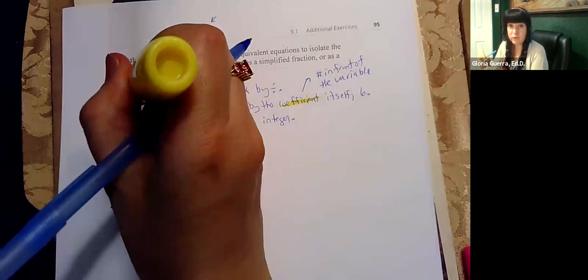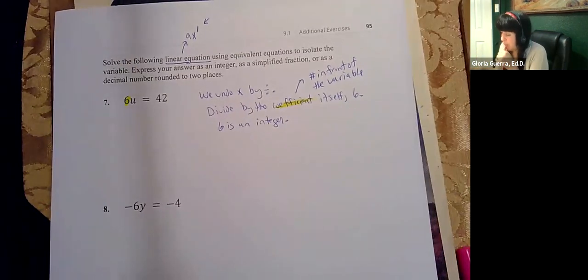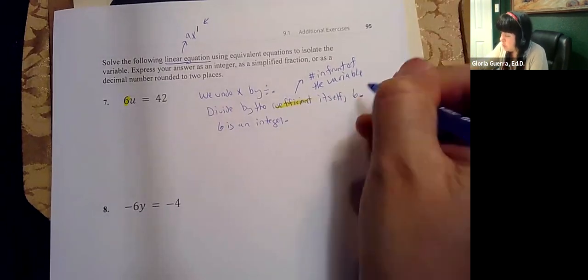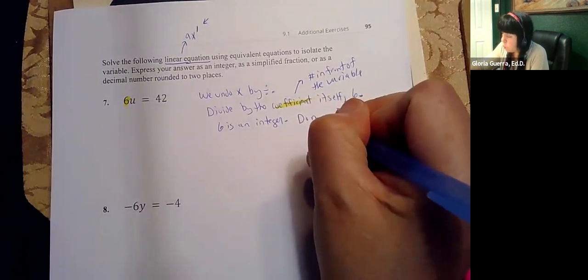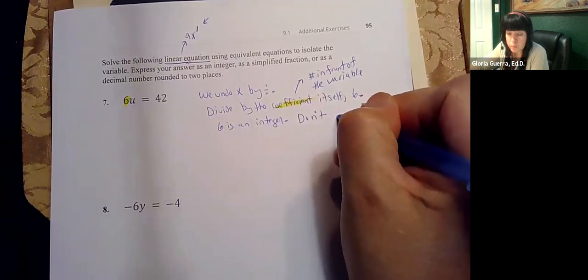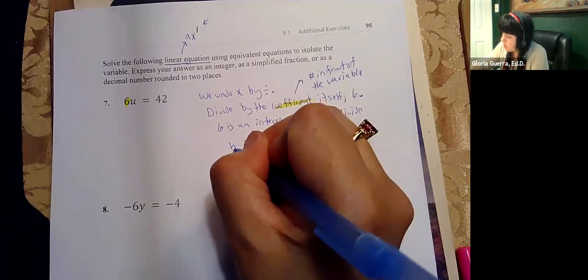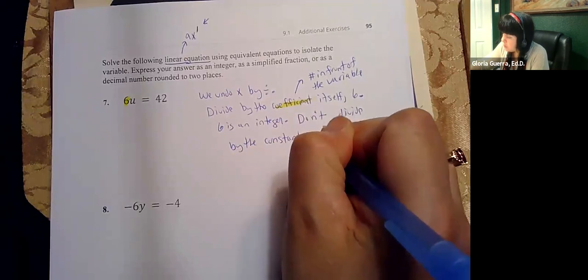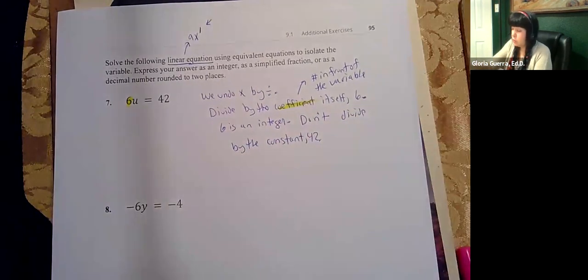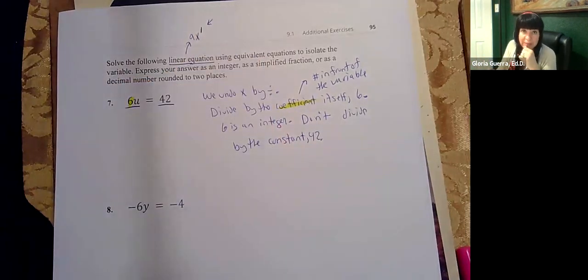So 6 is the coefficient, and you want to divide by the coefficient itself, 6. 6 is an integer, so don't divide by the constant. The constant is 42. So you do want to divide both sides, but you want to divide by 6.